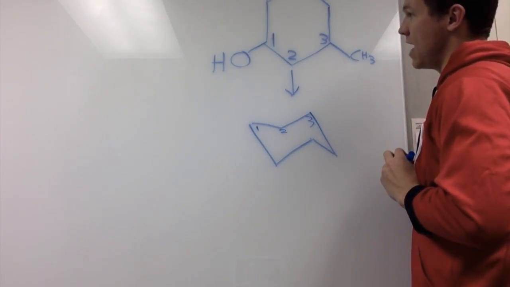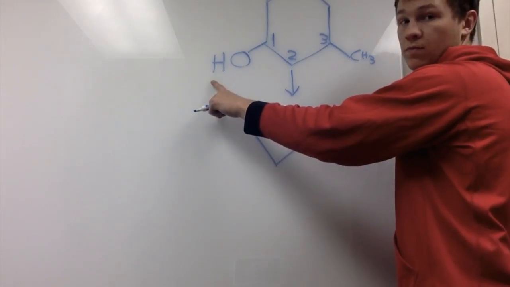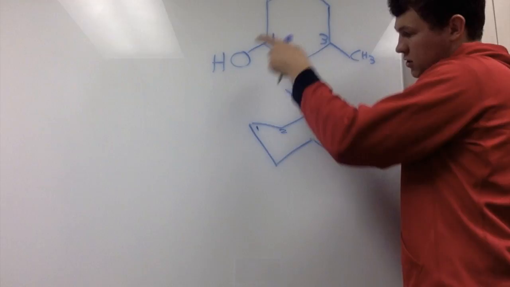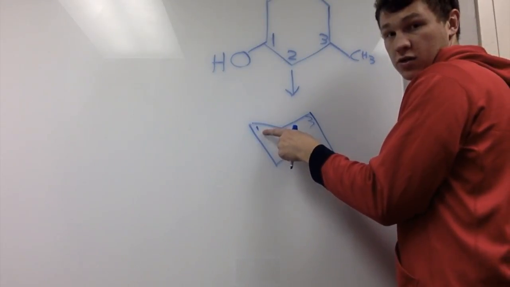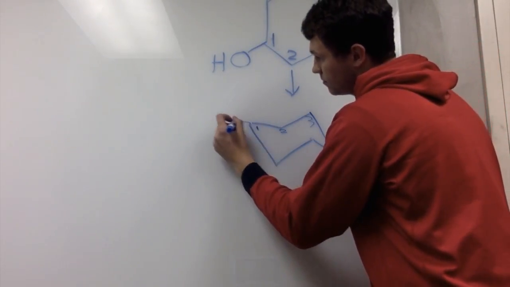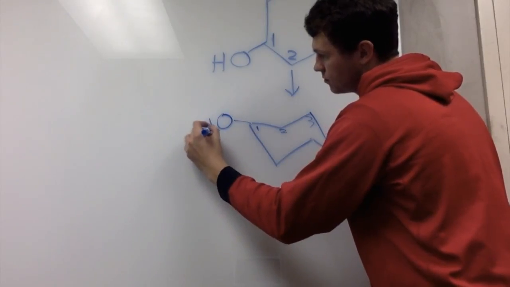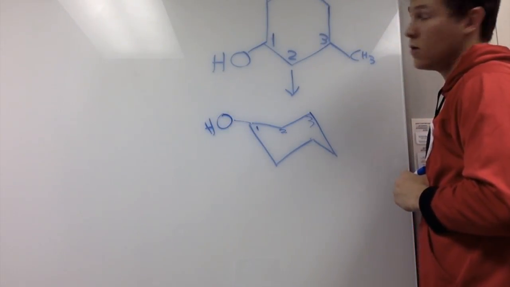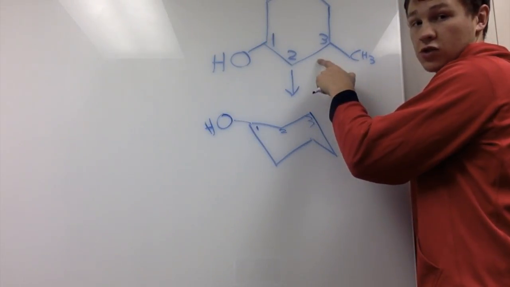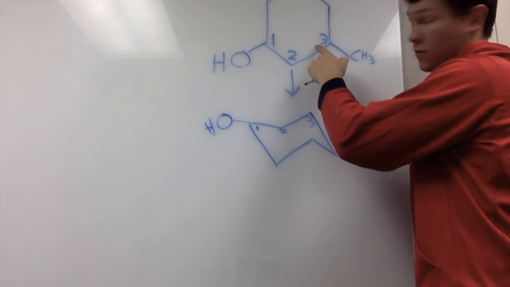Now, I know that I have an OH group, or a hydroxy group, on my first carbon, so I map that directly to the first carbon of my chair conformer. Now, I know I had a methyl group on my skeletal structure of carbon 3.